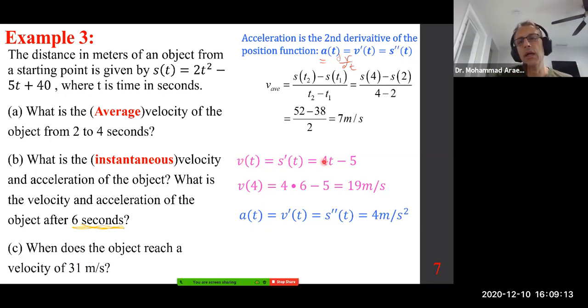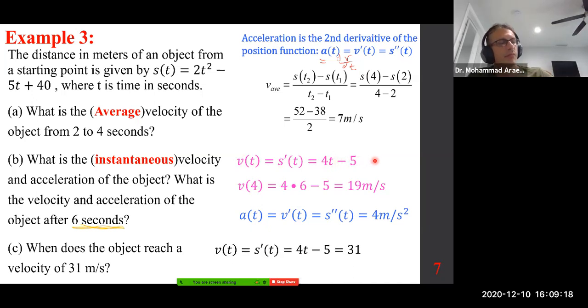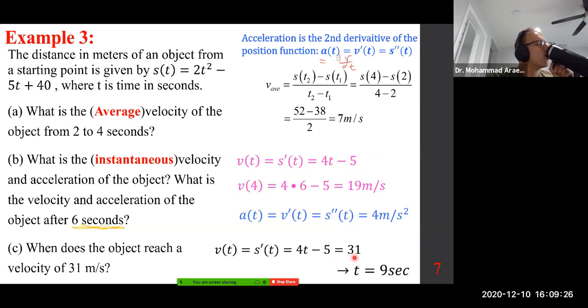Well, you go up here and say this is equal to 31. You solve this elementary equation, and t becomes 9 seconds. Minus 5 goes to the other side, becomes positive 5. So fairly simple.